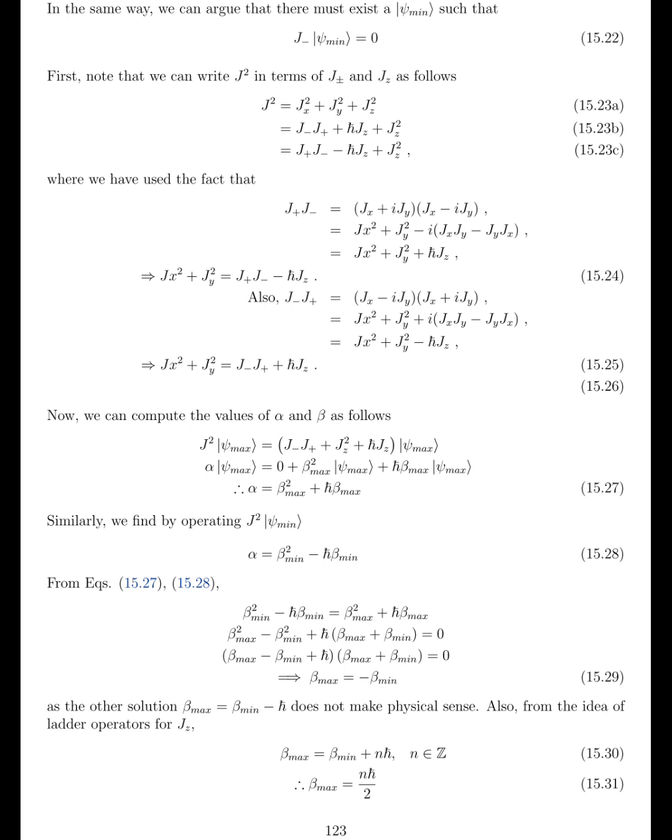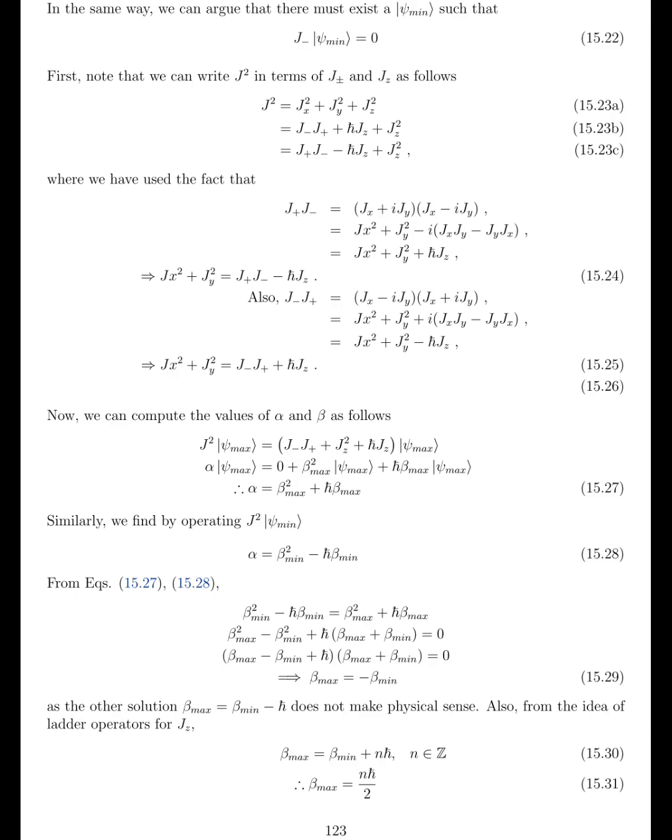It's j minus j plus acting on psi max, which means that first j plus acts on psi max. But as soon as that acts, by definition I annihilate. So therefore the 0 obtains. That's how this 0 comes about. So that object on this state has no action. But the other two are just beta max square and h bar beta max.